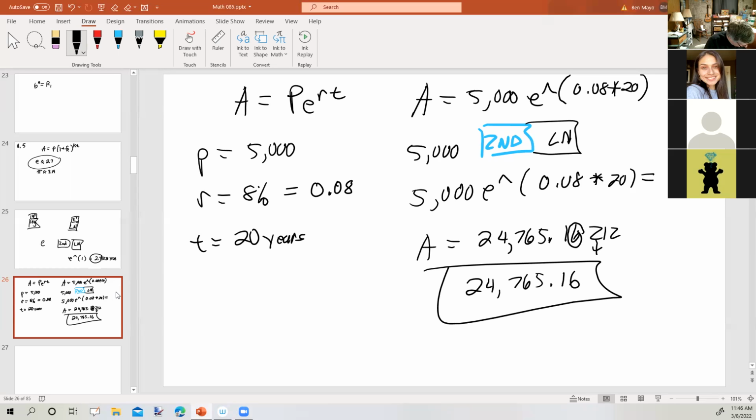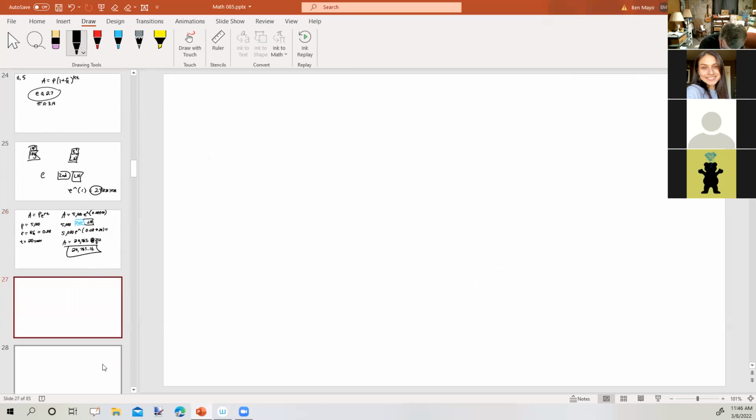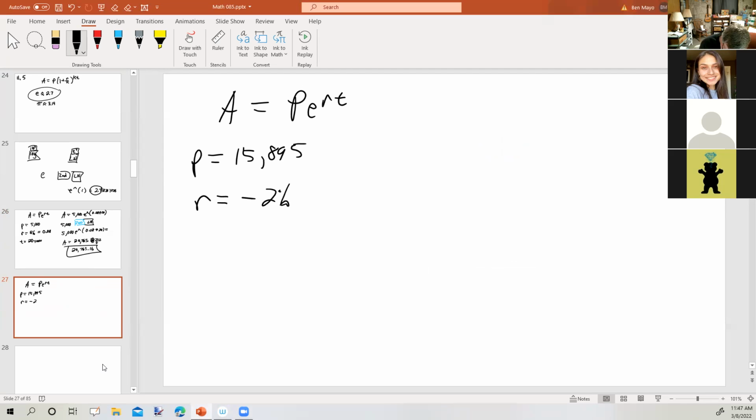Okay. Let's take a look at another example using the same formula. In this case, P is 15,895, r is -2%, and t is 16 years. -2% is -0.02.